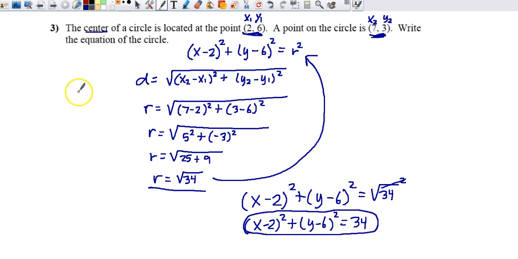All right, question 4. Pause it again. All right, this question is the endpoints of a diameter of the circle are -7, -3, and 9, 13. These are endpoints, so we do not have the center. We use the midpoint formula.